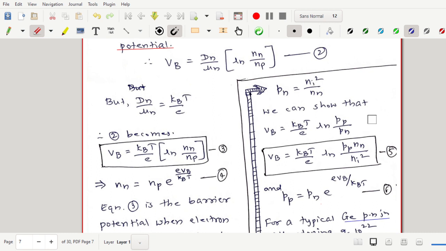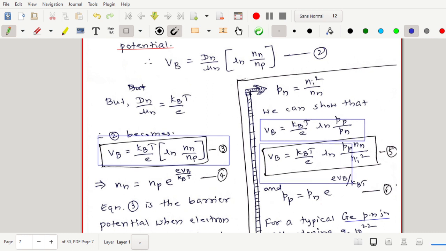The equations which should be remembered in the case of barrier potential are these. Equation number 3 should be remembered, and its counterpart if we consider the holes is this one, and if you make some substitution, we get this equation.